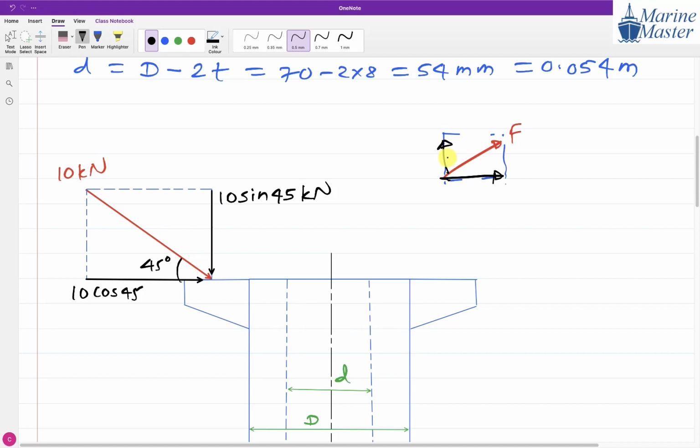Just imagine we are taking angle theta with respect to this one. Then this vertical component will become F cos theta, and this horizontal component will become F sin theta. So with respect to whichever angle, that component will become cos and the other one will become sin. Remember this, keep this always in your mind, guys.